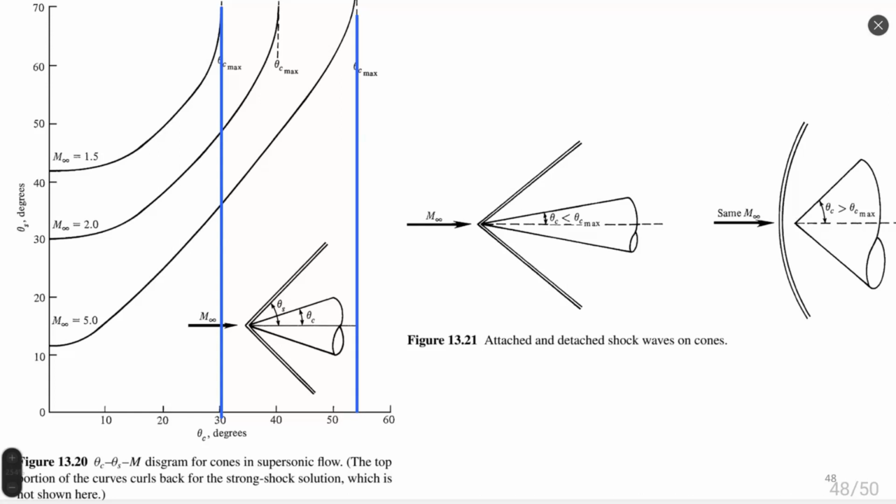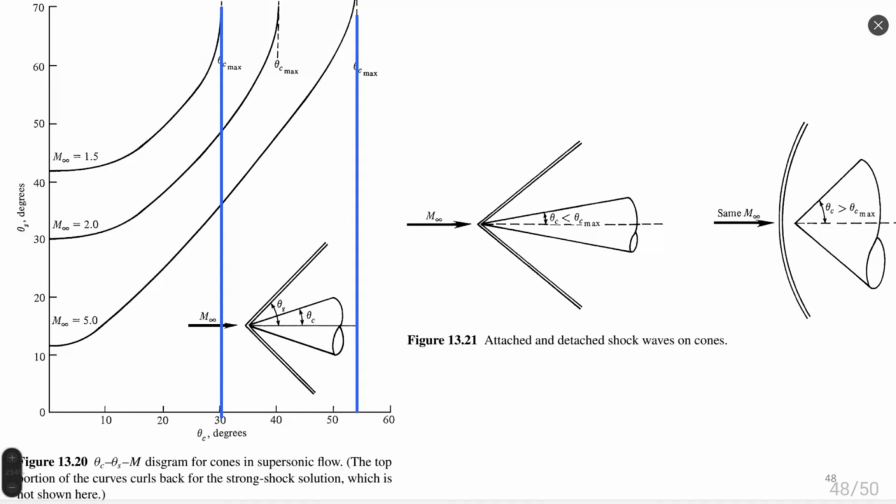This is about the existence of attached and detached shock waves, not about efficiency. Of course, we remember that the bigger the angle of the body, the bigger the losses on this shock wave. And for hypersonic flow, losses can be significant, very high. We can lose almost all energy on this shock wave, as you remember.